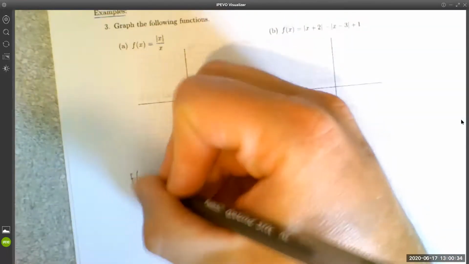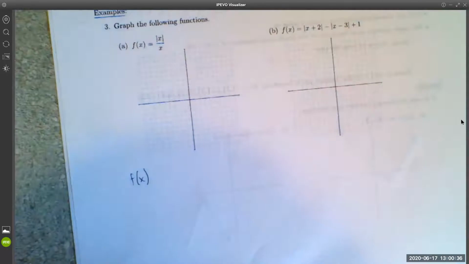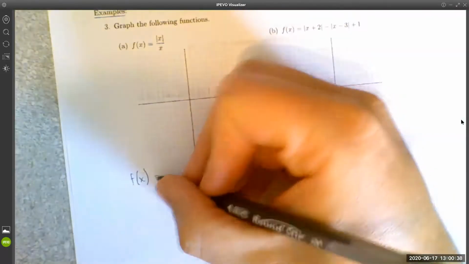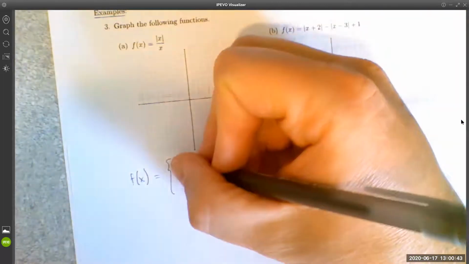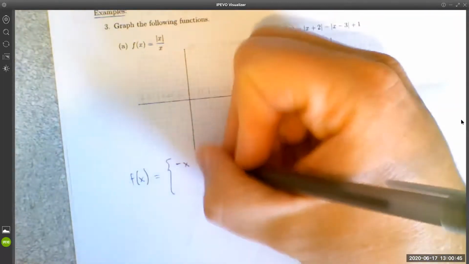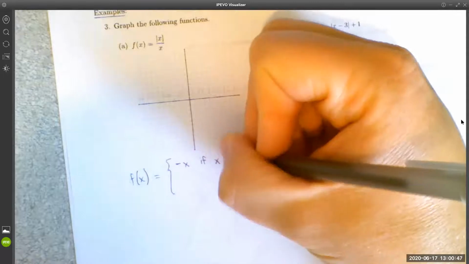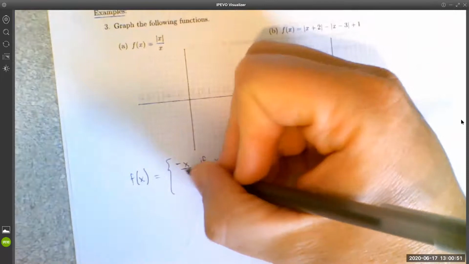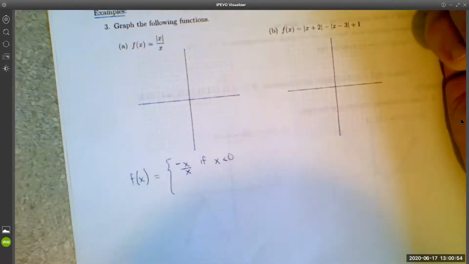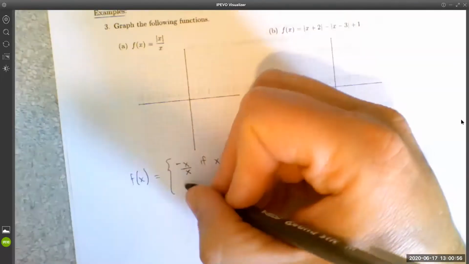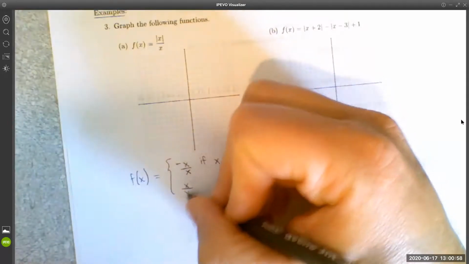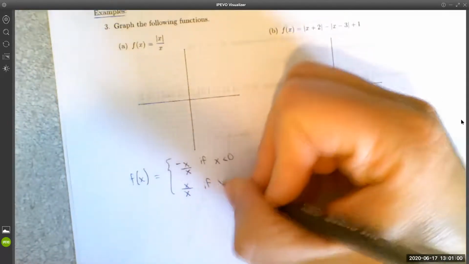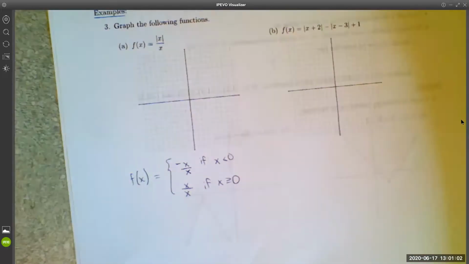So f of x is going to be, well, the absolute value of x is negative x if x is less than 0. So f of x would be negative x over x if x is less than 0, and then positive x over x if x is greater than or equal to 0. That's just using the piecewise definition.